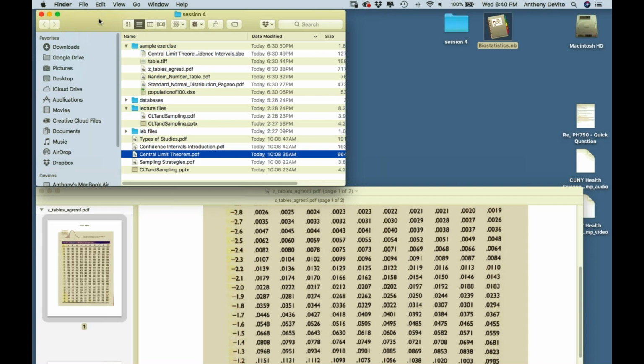Not only that, but if the original population is not perfectly normally distributed, the sample mean distribution will be normally distributed. So it gives us a little bit of leeway.